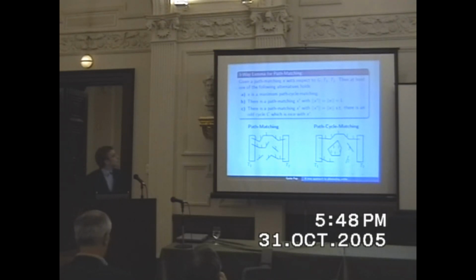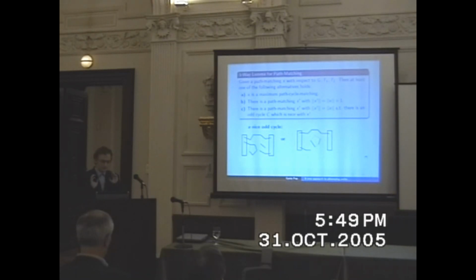And the three-way lemma says that either our current path matching is a maximum path cycle matching, or there is a larger path matching, or there is an odd cycle which is nice with same value path matching. So this is here. It is also important that in case C, I start with x, but I find another x prime of the same value, which is nice with an odd cycle.